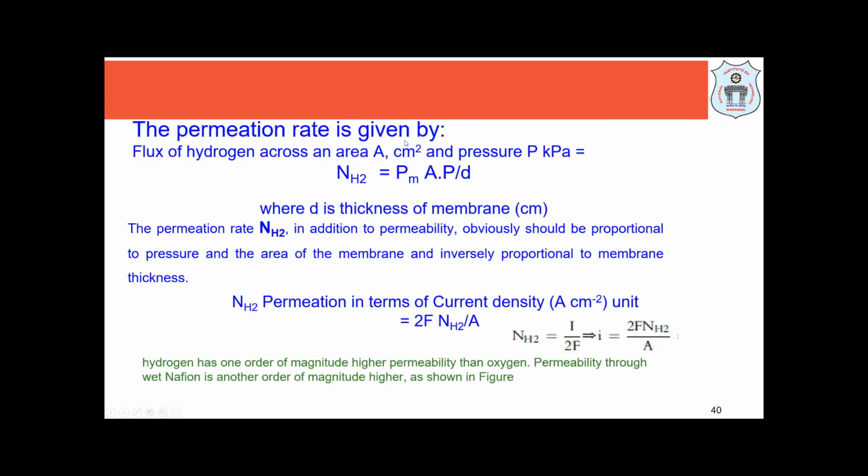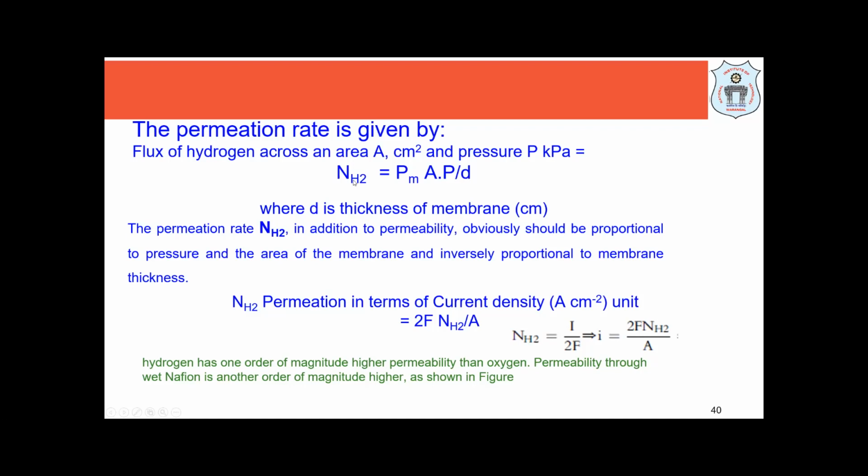And if you look at the permeation rate, which is given by the flux of hydrogen across an area of A centimeter square and a pressure P kilopascals, we get flux equal to P_M A P by d, where d is the thickness of the membrane, P is the pressure, A is the area. So permeability multiplied by area multiplied by pressure divided by the thickness of the membrane will give us the permeation rate.